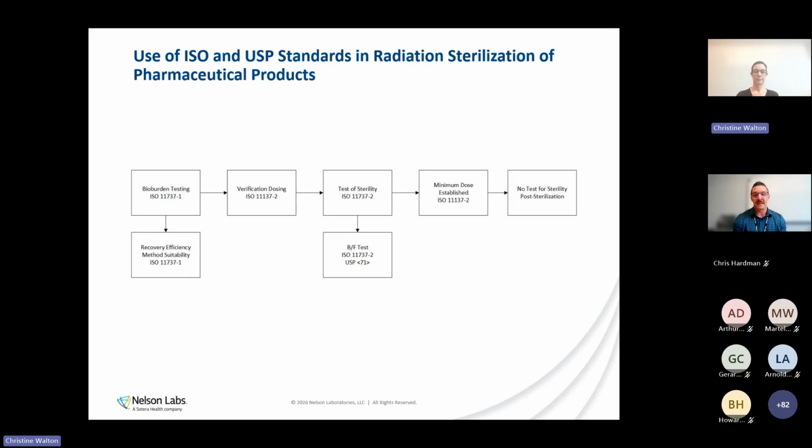From there, if the test method acceptance criteria are met in 11137-2, we've established a minimum sterilization dose. And once that dose has been established, there is no need for sterility testing at the completion or demonstration that the minimum sterilization dose is acceptable for that product or component.